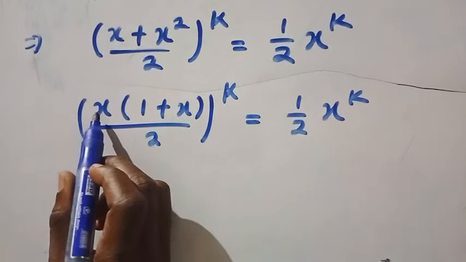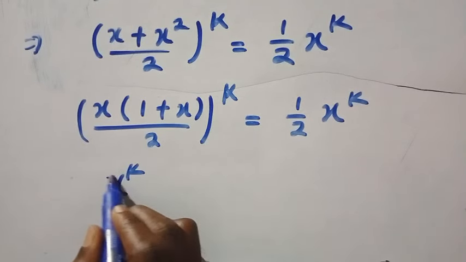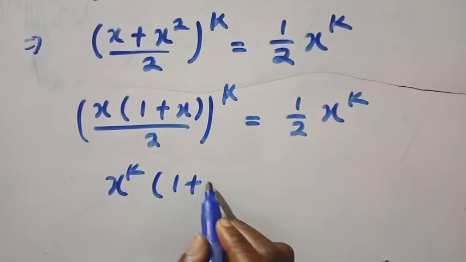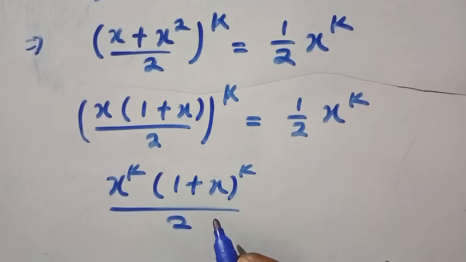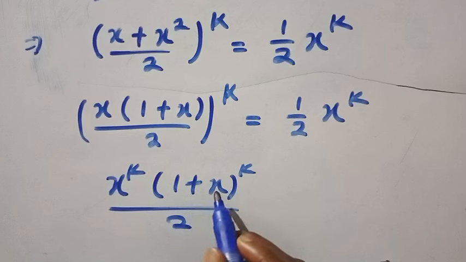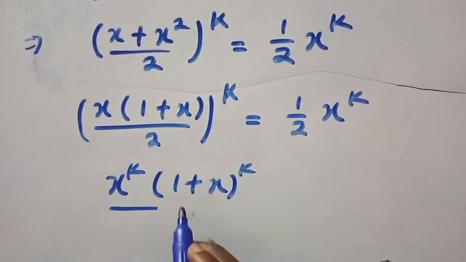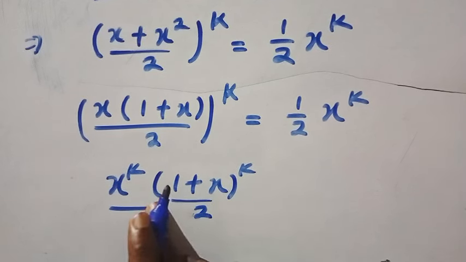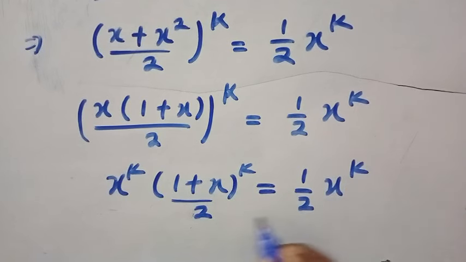By the rule of exponents, we have x to the power k, multiplied by 1 plus x over 2 to the power k, equals 1 over 2 x to the power of k.